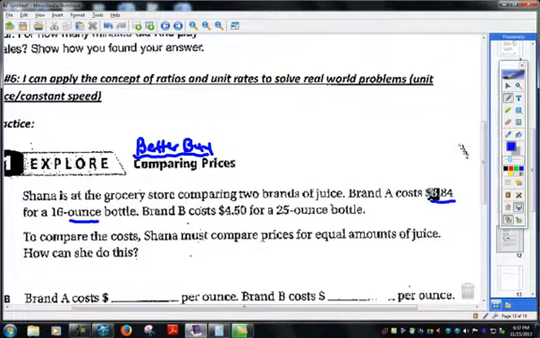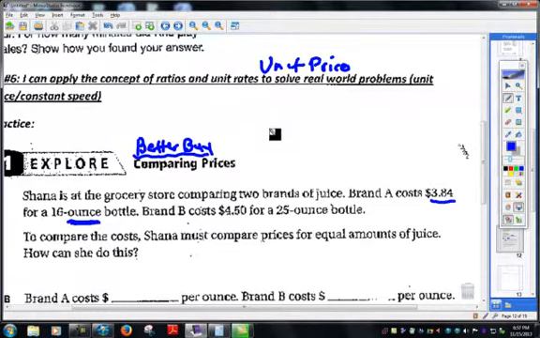Like remember on the Chapter 4 test, I was doing it both ways for you guys. So when you do this, I think it's easier just to think about how much am I paying per ounce? That would be called the unit price. Whenever you're trying to figure out how much would one of them be?